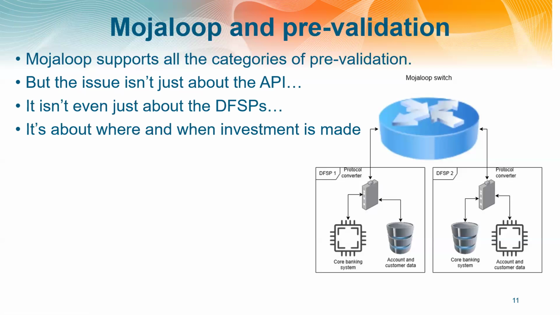investment is made. And the reason I say that is because it's certainly possible that you might look at a system in the very early stages of development or implementation and say, well, this system doesn't really do anything that needs pre-validation level 5.